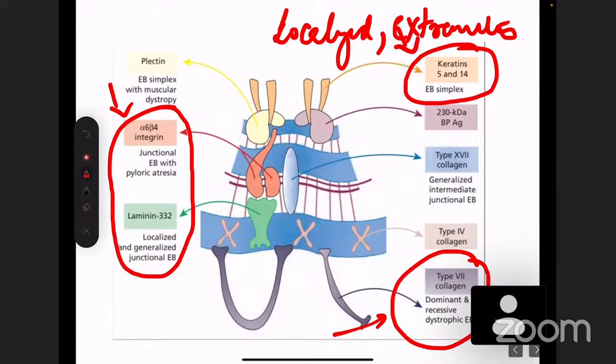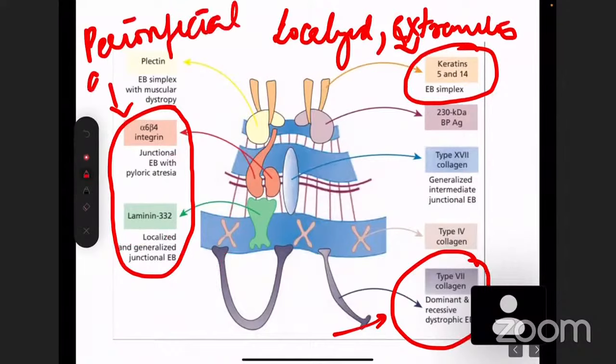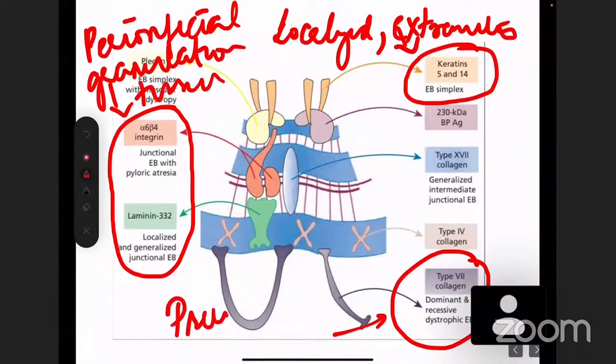What is special about junctional EB? You have periorificial granulation tissue. This is what you need to remember. And in dystrophic EB, the special feature here is mutilating pseudosyndactyly. So this is how you majorly differentiate clinically.